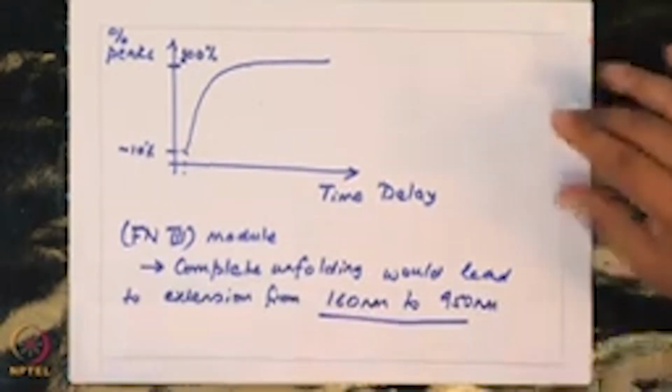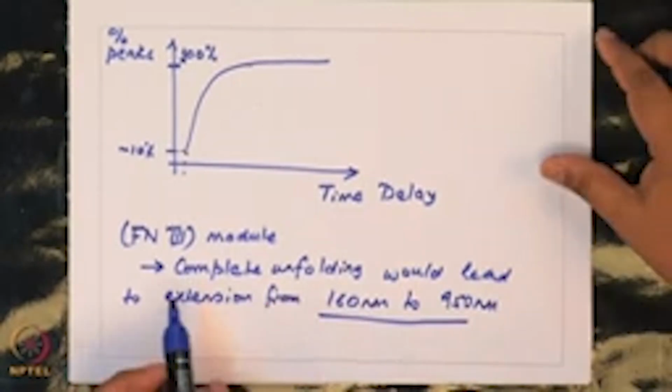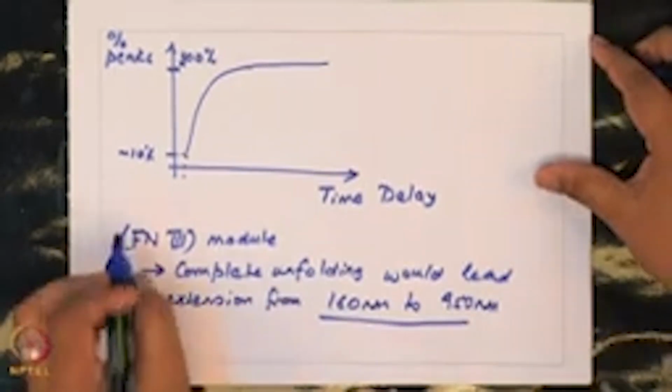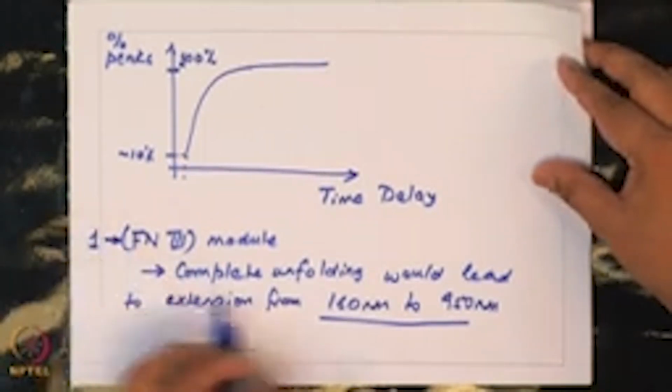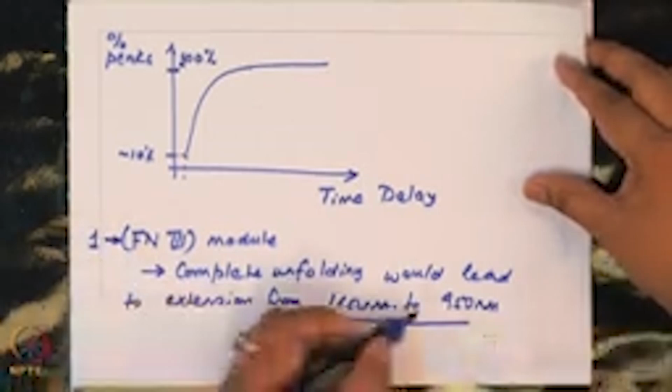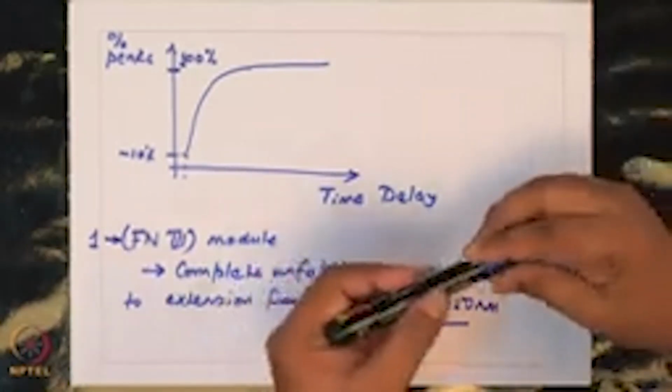That is the increase in length that you observe even for unfolding of one FN3 module. What are the other things?